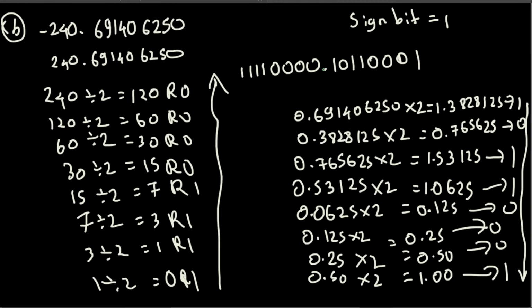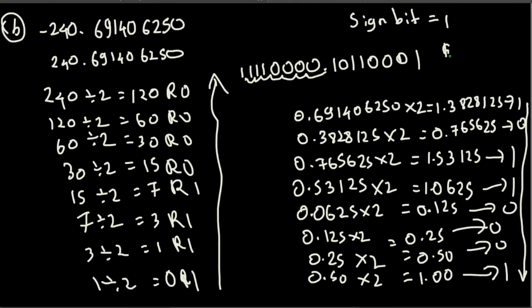to find out the exponent of this one, we move this decimal point to the left, because we want to bring it in front of the first one, that is right here. So 1, 2, 3, 4, 5, 6, 7 moves I have to make to bring it here.